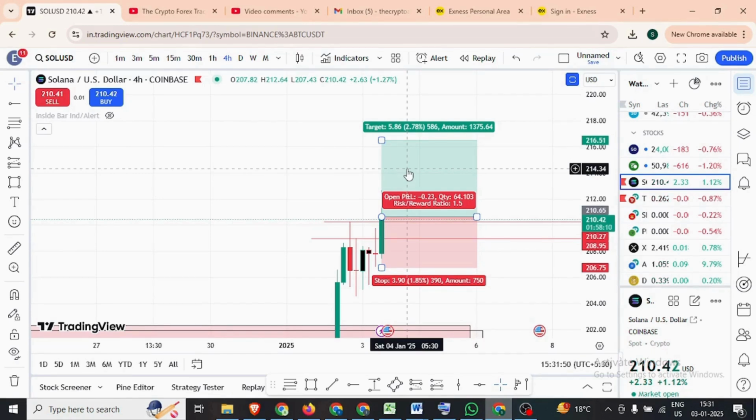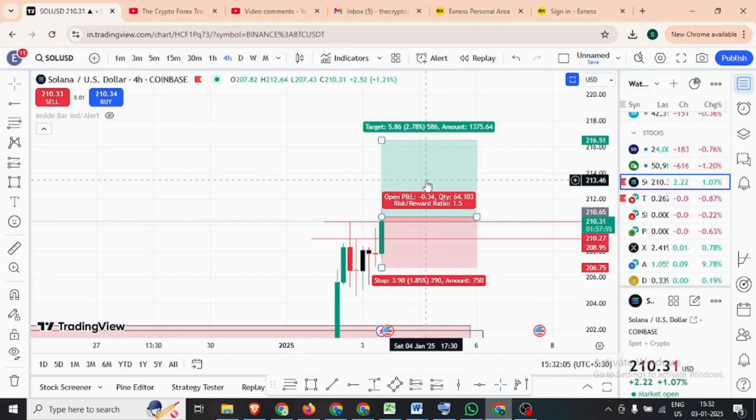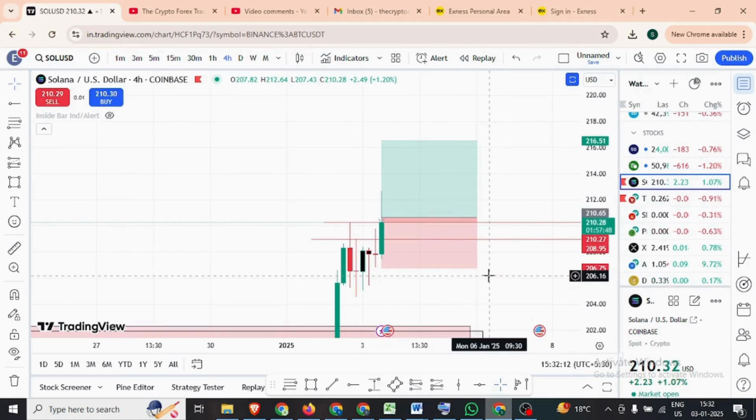It's all up to you, but make sure to book 50% or some quantity at a 1:1 risk to reward ratio when the market gives it to you. Then you will hold your trade till 1:1.5 and 1:2. The key exit rule is to book some quantity at 1:1, then hold your trade for 1:1.5 or 1:2.